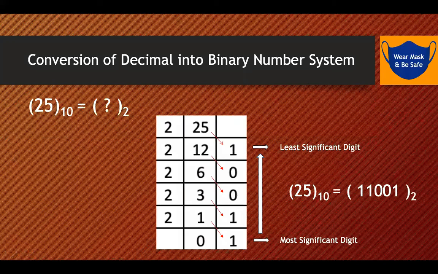So we have to convert from decimal into binary number system, so 2 is in subscript, which means this particular number will be a binary number. In the same way, if 8 is in the subscript, we have to convert from decimal to octal.